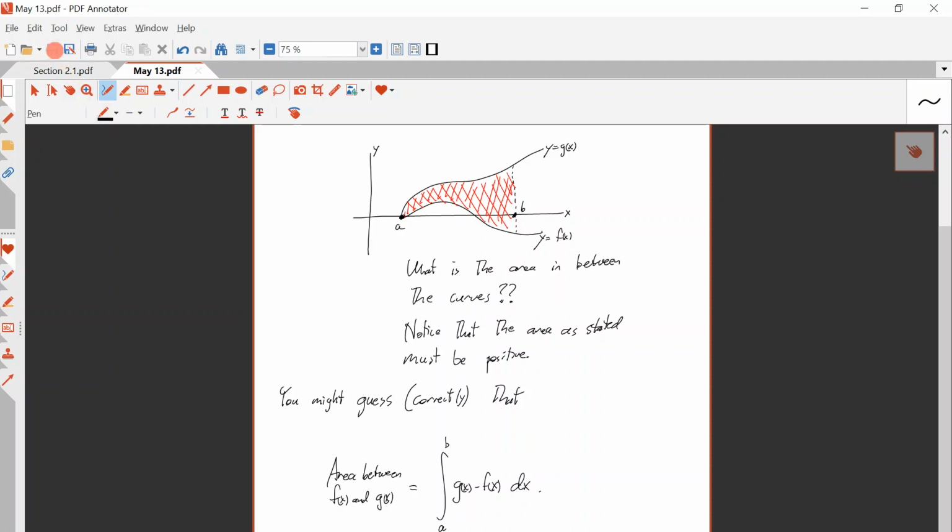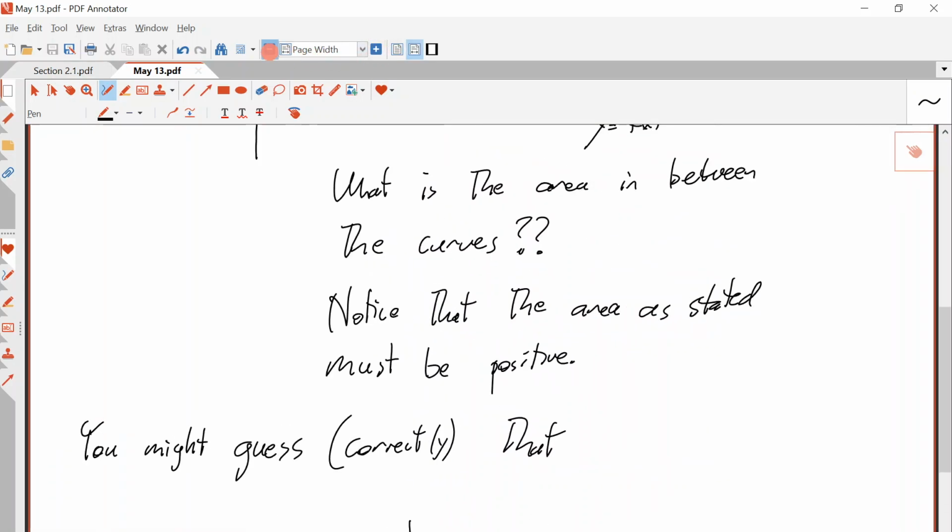So let's analyze this problem from the standpoint of the definition of the integral. Not the fundamental theorem of calculus, the definition of the integral.